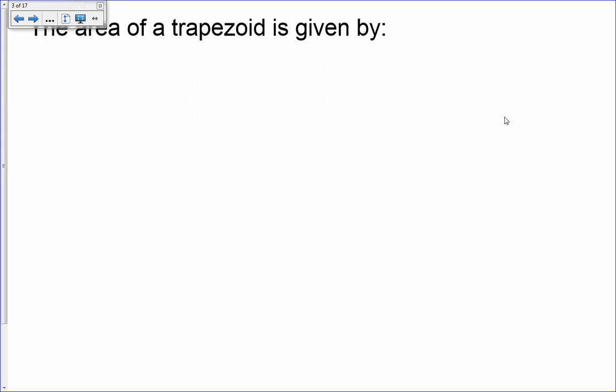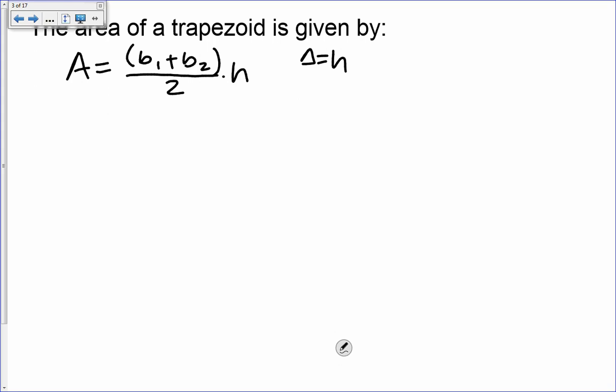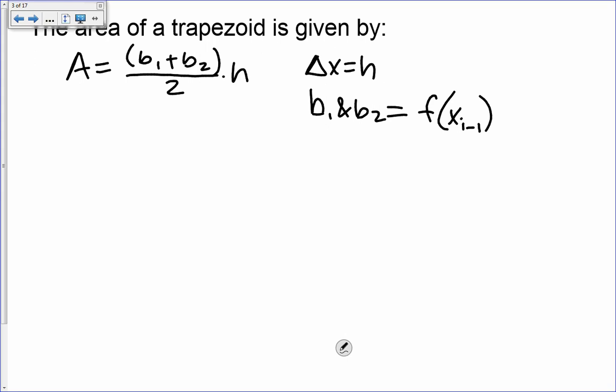So we just reviewed the area of the trapezoid is B1 plus B2 divided by 2 times H. And we said that we are going to say delta X is actually H. And our B1 and B2 are going to be f of x sub i minus 1 and f of x sub i.